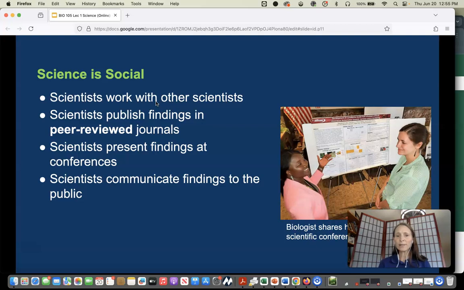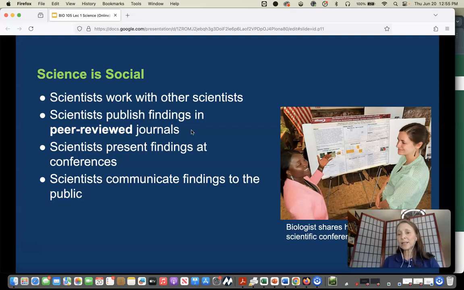We're constantly having these conferences. And the reason that your instructors have to attend these conferences is because this is how we gain information about the most current research that's ongoing in our field. And so you can see here a biologist sharing her research at a scientific conference. And scientists will also publish their findings in what we call peer-reviewed journals.